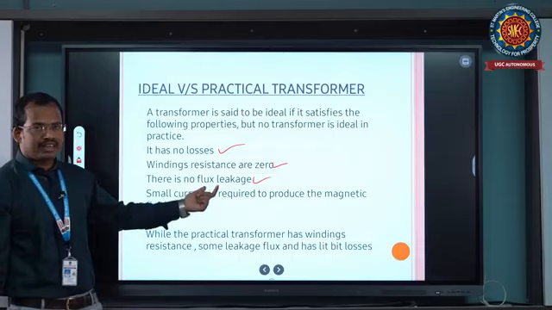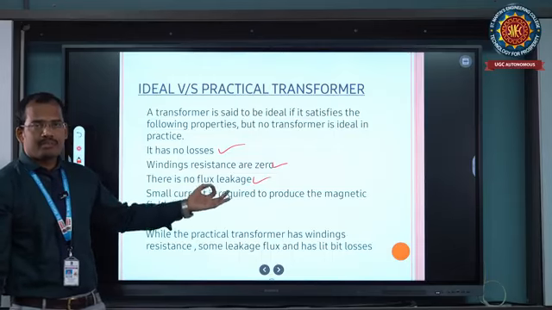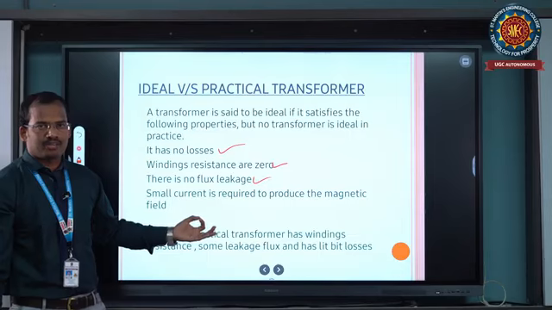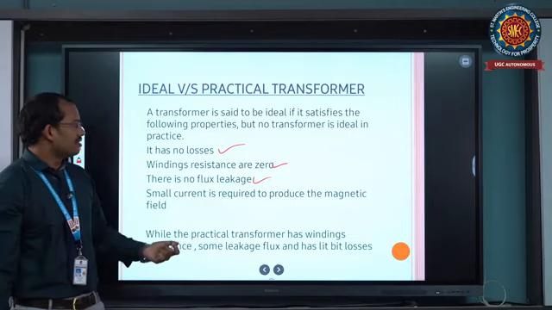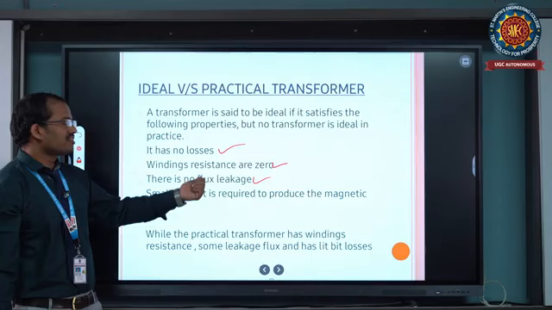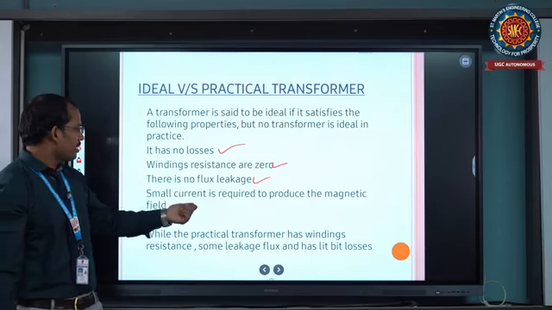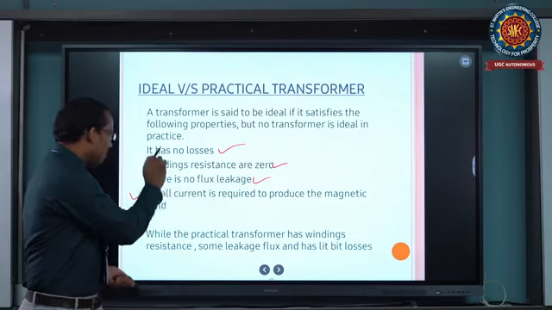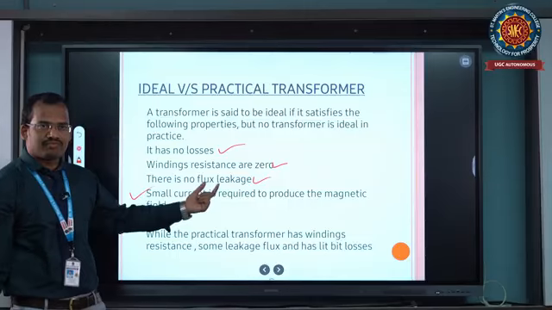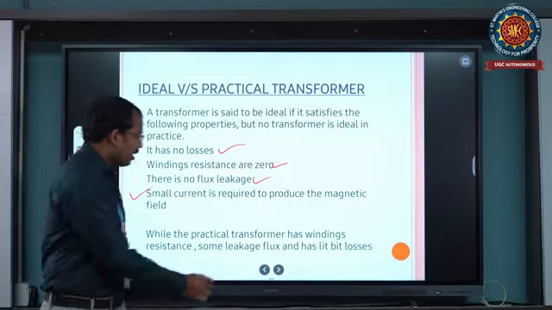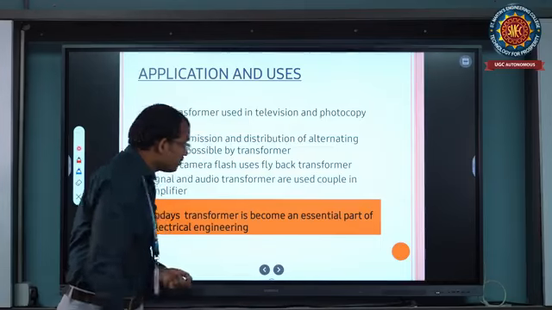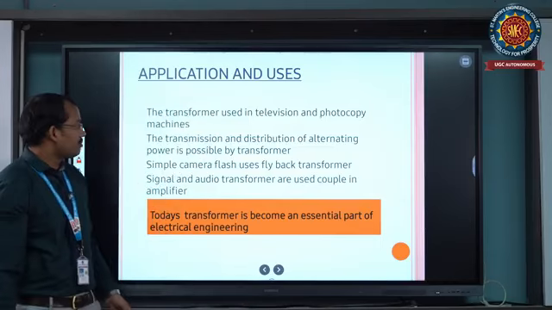But a practical transformer has a little bit of losses, like flux leakage, current losses, and small magnetic field. So these are the losses of the ideal versus practical transformer.